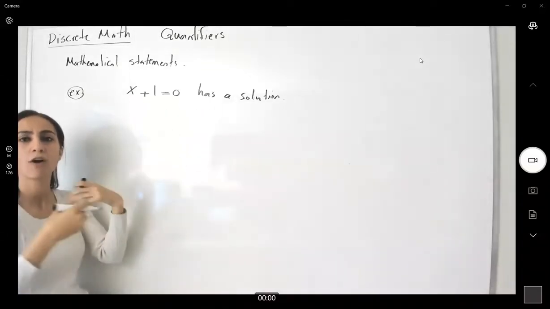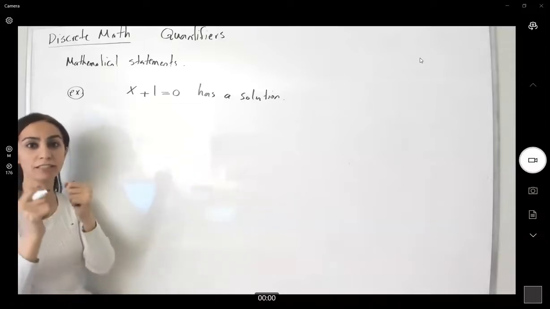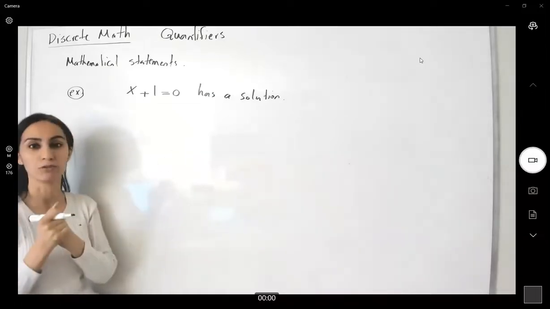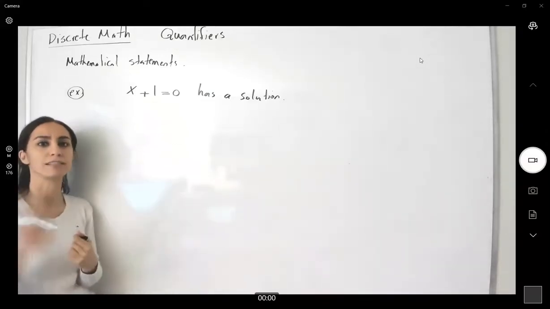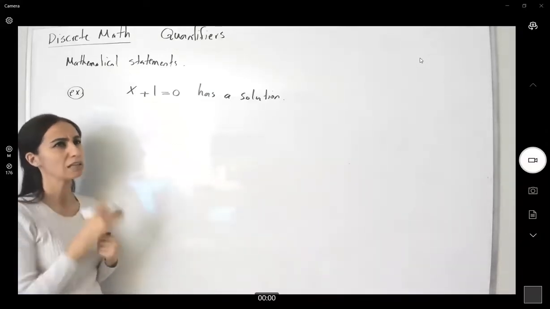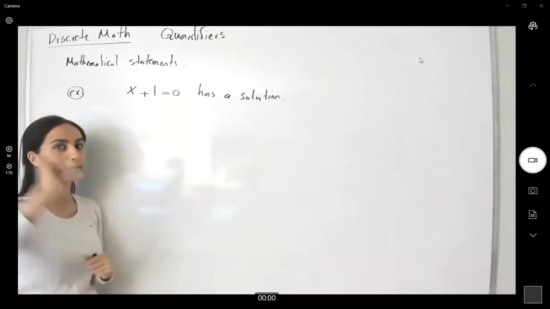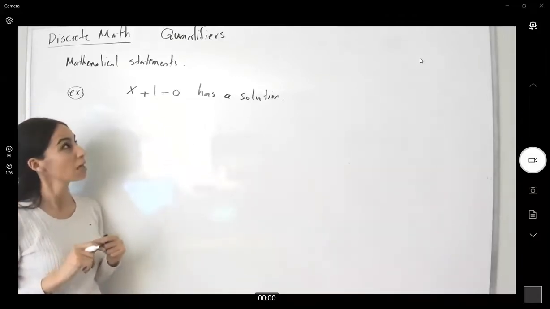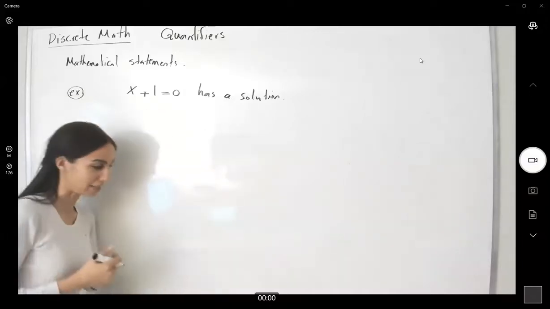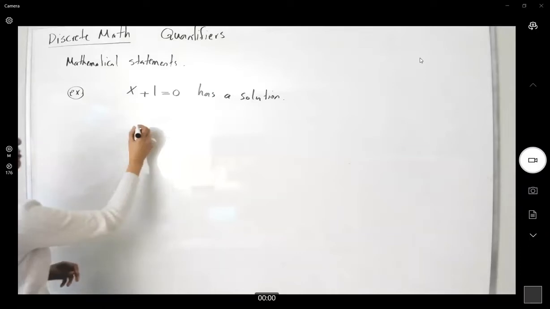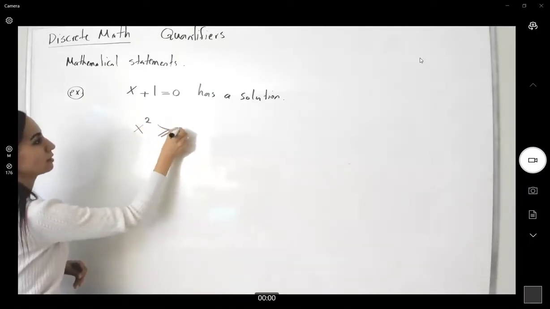We say that for any value that satisfies this equation, that value is the answer. Well, is it actually for all, or is it just for exactly one value? What's the difference between this statement and this statement? x squared greater than or equal to 0.